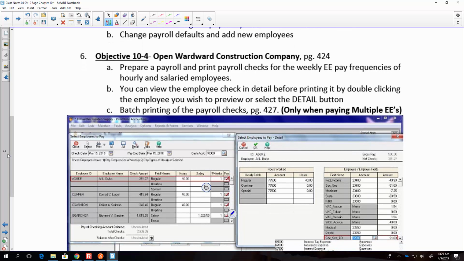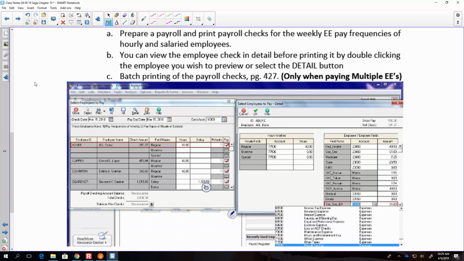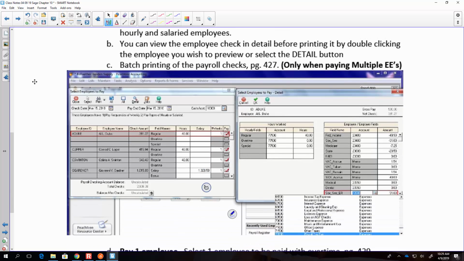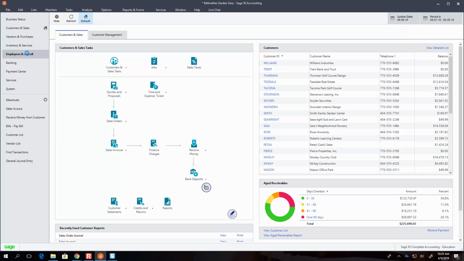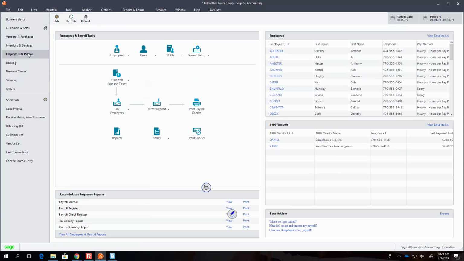And then the last part, once the setup is done, obviously you're going to do a payroll. Let me just show you something here. You can pay multiple employees or you can pay one. It doesn't matter. I'm going to go to employees and payroll, and let's just say I'm going to pay myself.